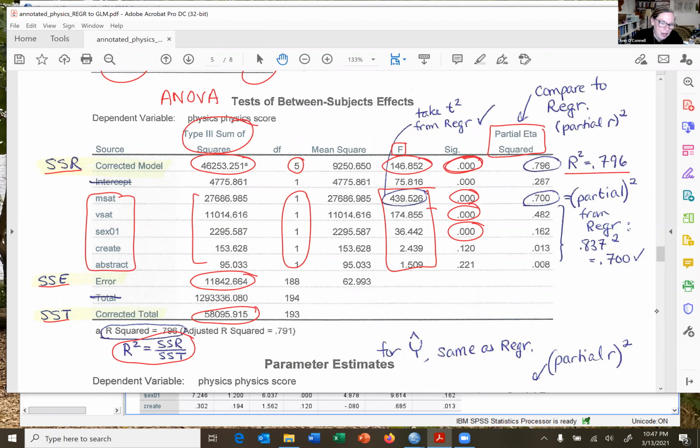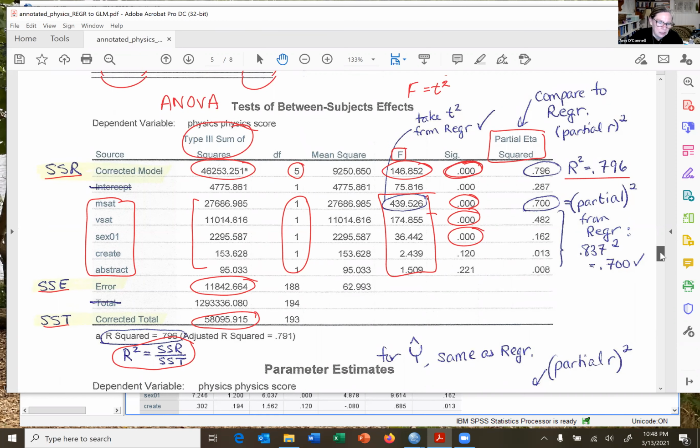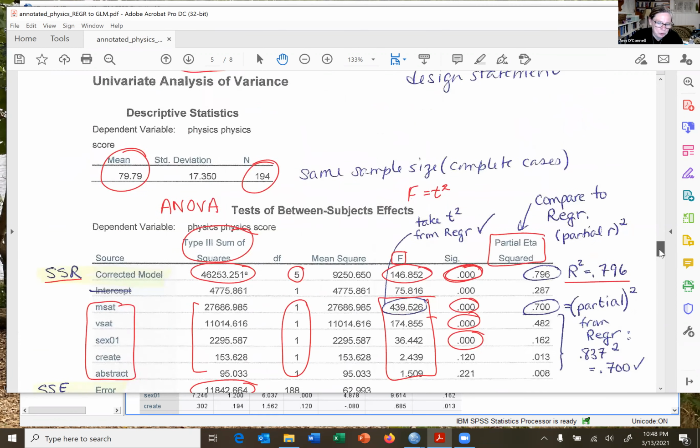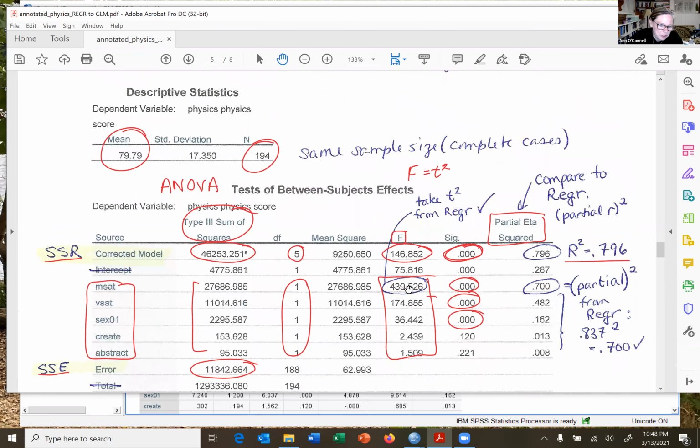And as a matter of fact, these F statistics, if you recall from an earlier discussion a long time ago, if I take the t squared from the regression, I'll be able to compute the F. So let's look at what's happening with math SAT. The F statistic there is 439.526.